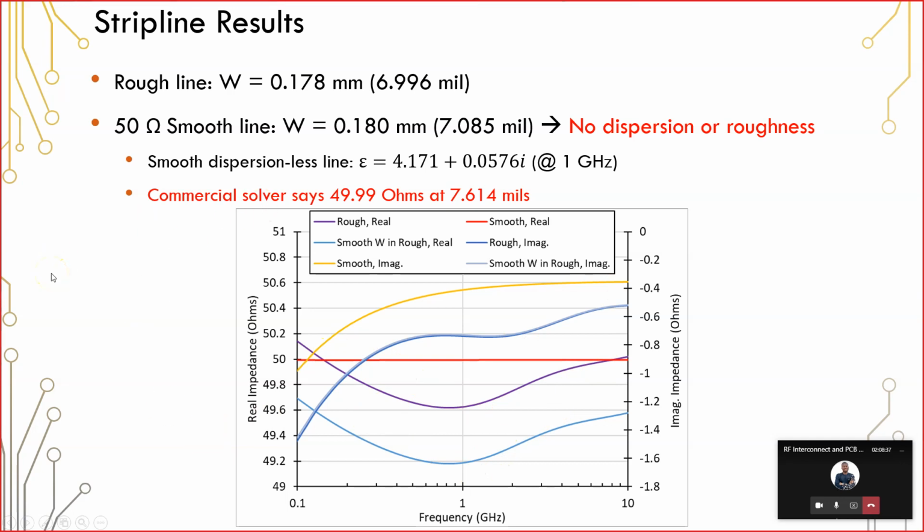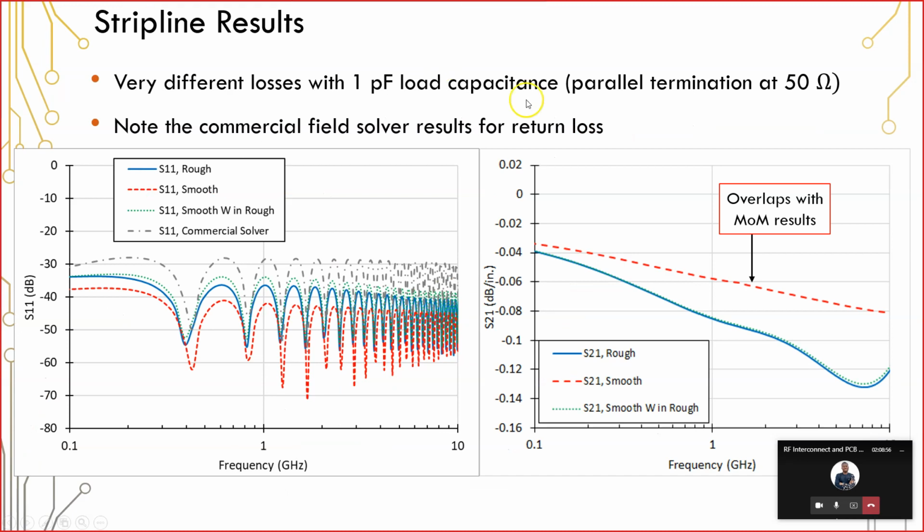So what we can see here is that when we consider the skin effect resistance and compare the rough versus the smooth, the roughness does provide an increase in the impedance compared to the smooth line. Now, it also creates an increase in losses, and we can see those losses in the S parameter data.